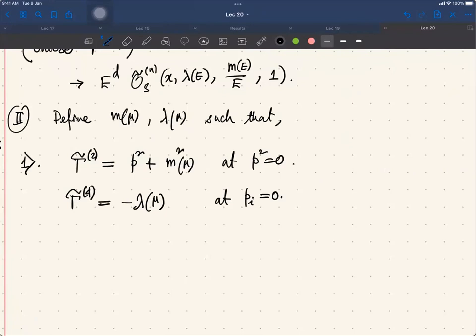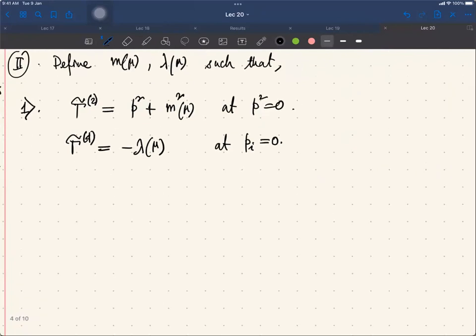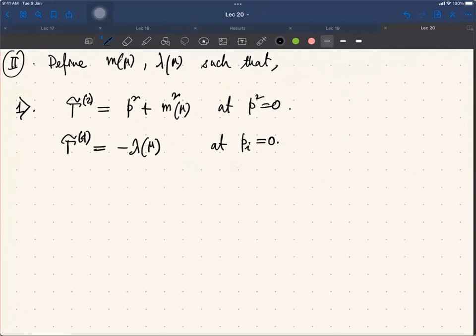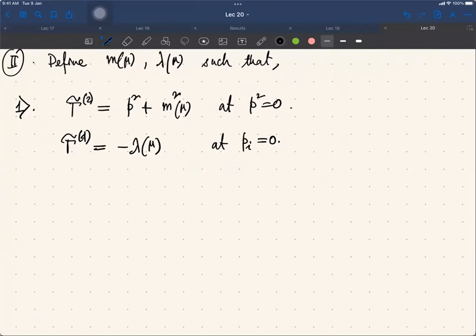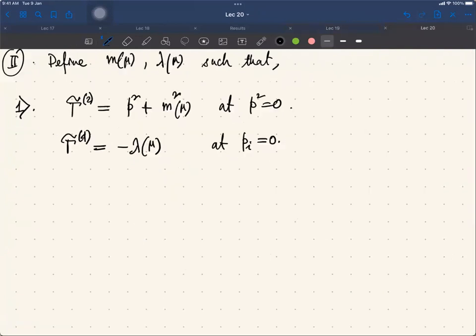You set p equal to 0 and identify the effective couplings, I mean the renormalized couplings, from them. So that is the idea. And then if you recall the expressions for gamma tilde 2 and 4, gamma tilde 2 will be given by this expression. So, recall.